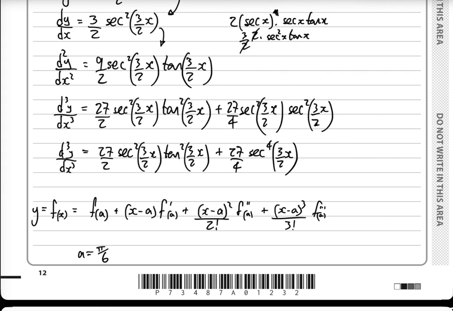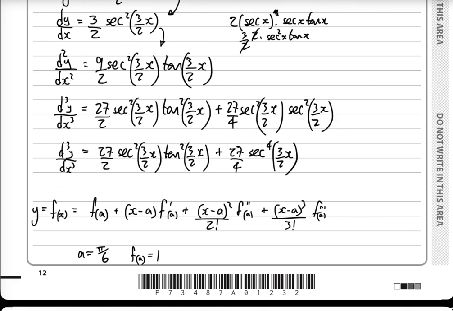Now that's fairly horrible, because I need to evaluate all of these things at pi by 6, and my calculator doesn't have a secant button, which is kind of annoying, but tan at least is a nice one, because if I multiply that by 3 over 2 first, that's just a 1. And okay, secant squared isn't too bad either.